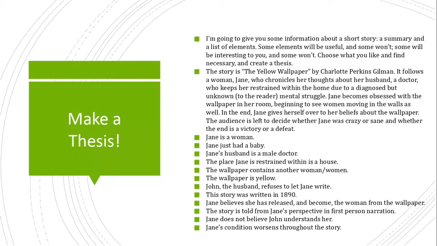So you could always make a thesis that says, you know, The Yellow Wallpaper by Charlotte Perkins Gilman shows the consequences of what happens when a woman is trapped in an emotionally abusive relationship with her husband, through the limits that John places on Jane, what he takes away from her, and the progression of her illness as he continues to restrain her.